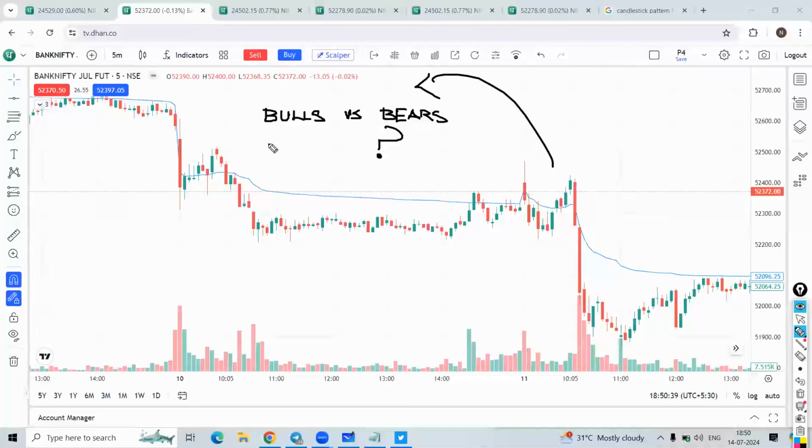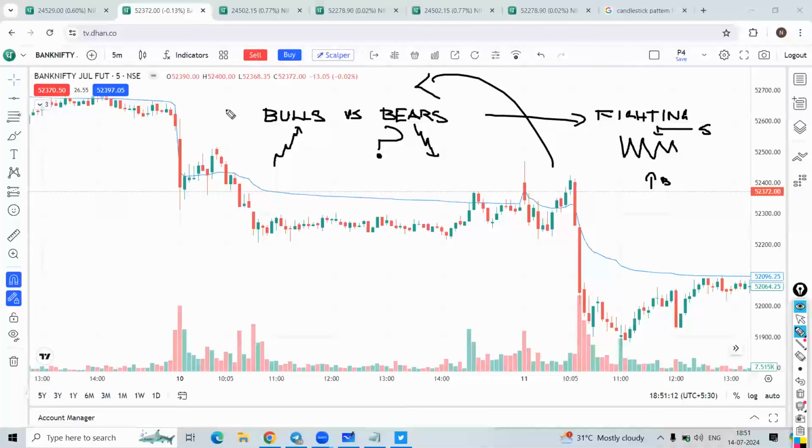Because bulls have the power to move the market up. Bears have the power to move the market down. If both are fighting, what will happen? If both are fighting, lower level bulls will come, higher level bearish players, that is sellers, will come and market will stay sideways. Right? That's it.